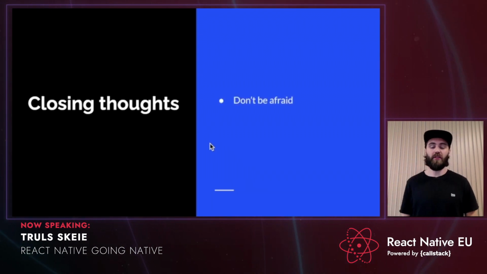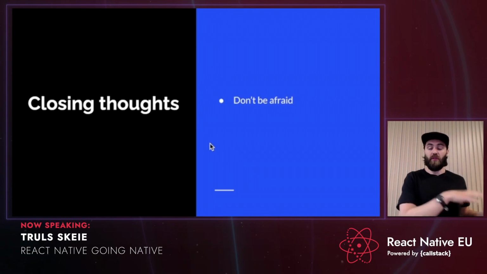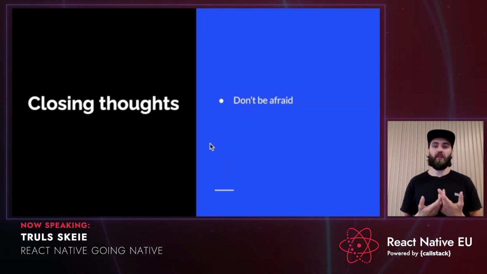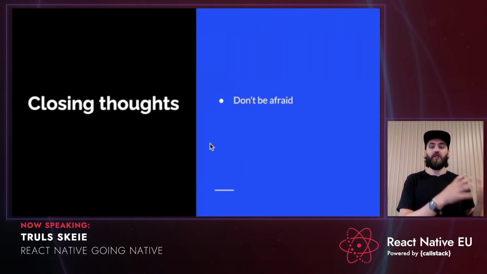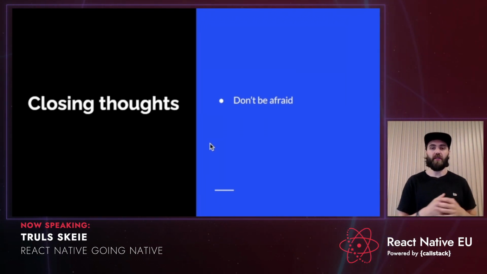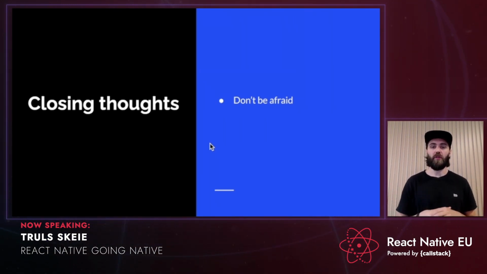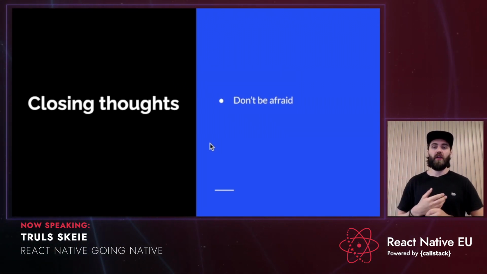And another thing is that often when I speak about the rewrite to other people, a lot of them say that this is not for them. They are not comfortable writing native code. They are comfortable in the React Native world, and I was the same as well. So I want to share a couple of tips on how you can dip your toe into the native side.